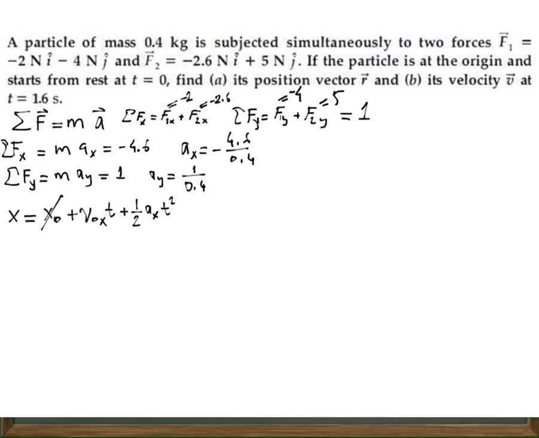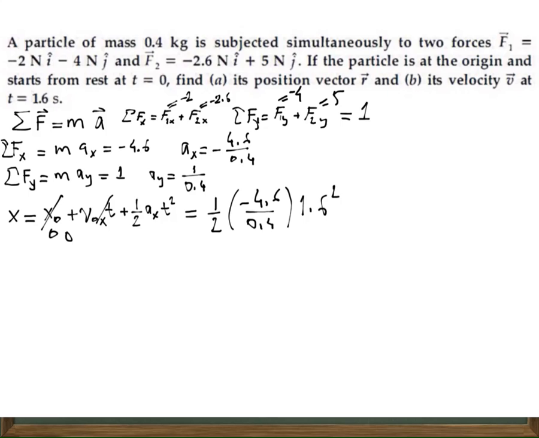So in the problem it is given that the initial position is 0 and the initial velocity is 0, so you are only left with the acceleration term, 1/2 a_x. a_x is minus 4.6 divided by 0.4, and the problem says to find the position at time t equal to 1.6 seconds, so you square 1.6.